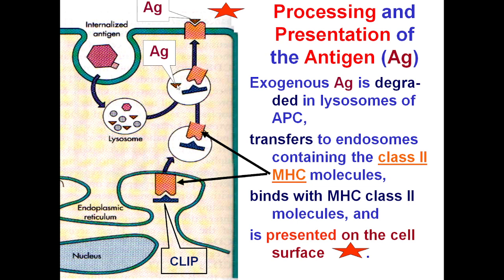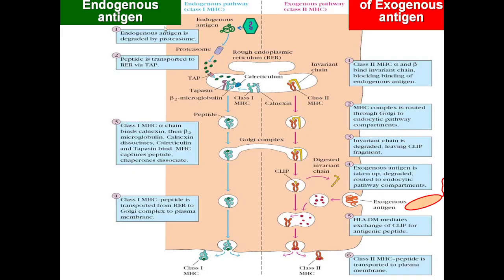The exogenous peptide causes removal of CLIP, the blocking peptide, from the antigen binding cleft of the MHC2, and in this cleft the exogenous antigen is mounted, and in this form is transported to the surface. It occurs on the surface as a complex of the antigenic peptide present in the antigen binding cleft of the MHC2 class molecule.